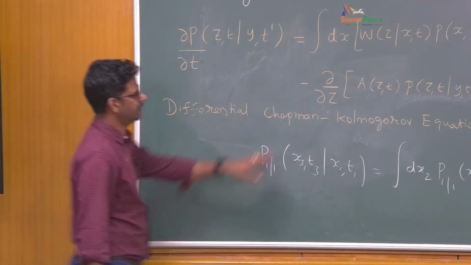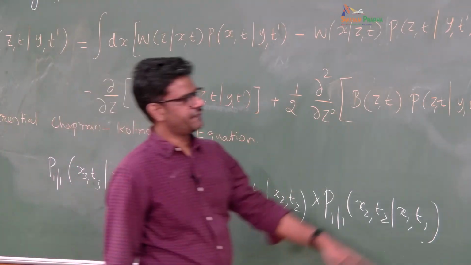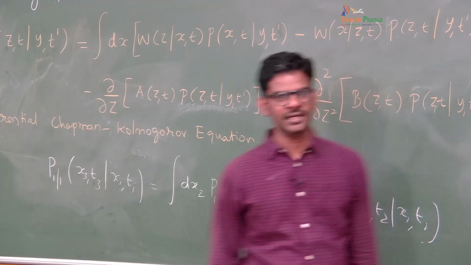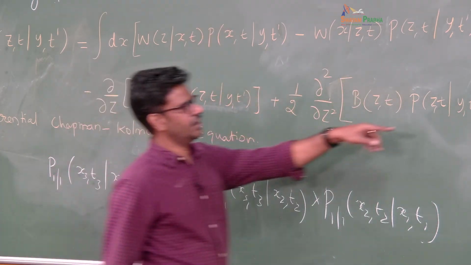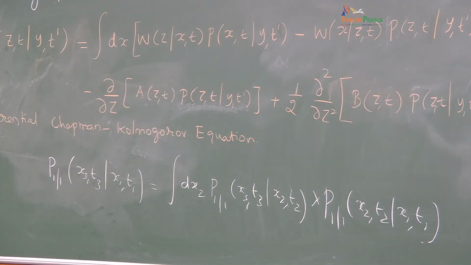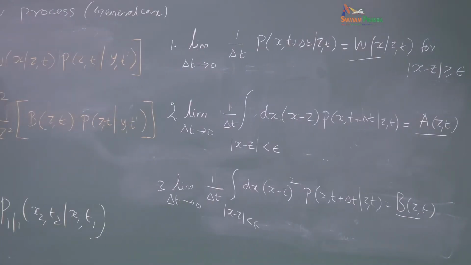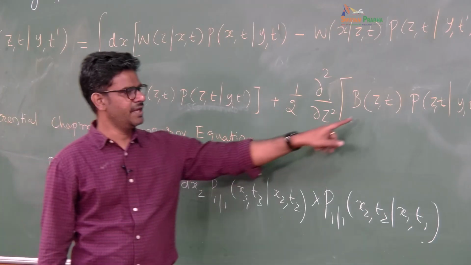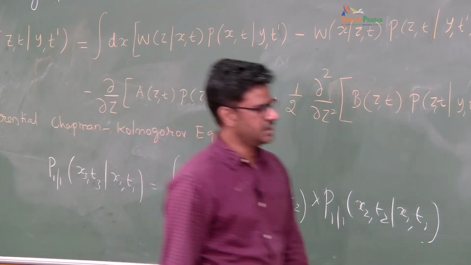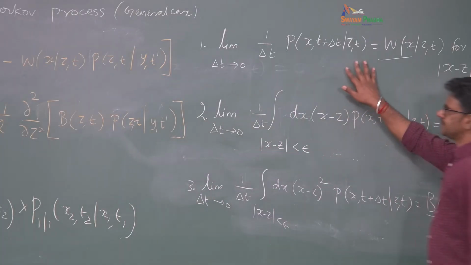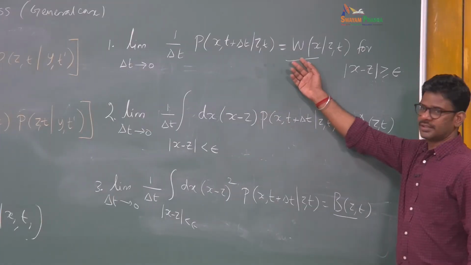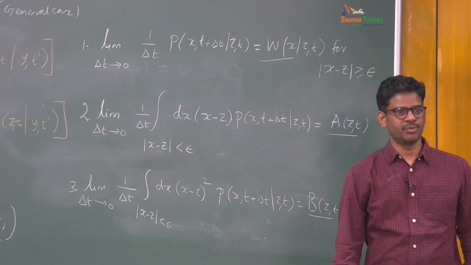Now before I discuss what this means, let us define some characteristic equations. You will see that in these equations we are using w, a and b. So w occurs here, and the characteristic functions a and b are also used. If you look at the first one, these are called the jump probabilities.